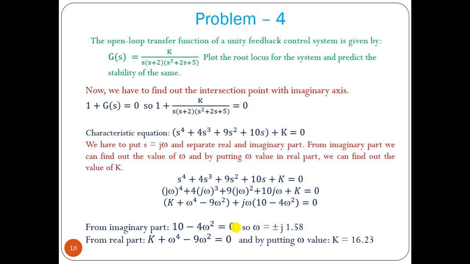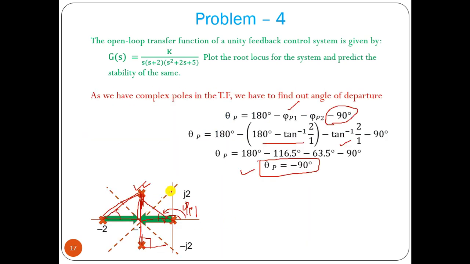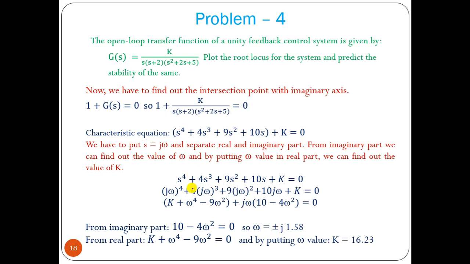Now we have to find the intersection point with the imaginary axis, because these two asymptotes intersect the imaginary axis. So your root locus should intersect the imaginary axis. How can we find that?